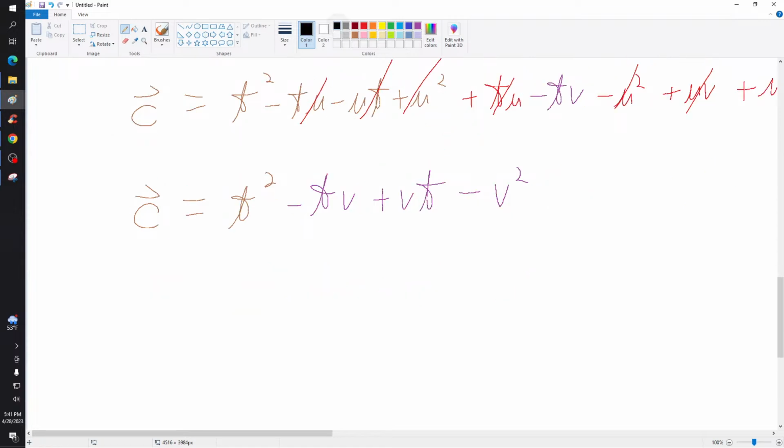Now, if T and V were real or complex numbers, this would be 0. So you just have C equals T squared minus V squared. T squared equals square root V squared. That's usually why I use negative C, but we'll just say plus C or minus C, however you want to do it.